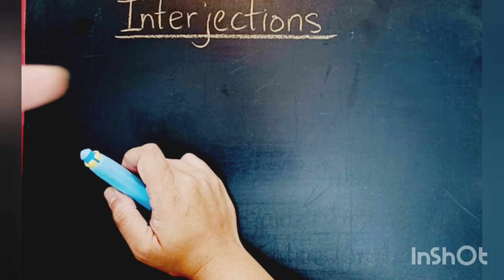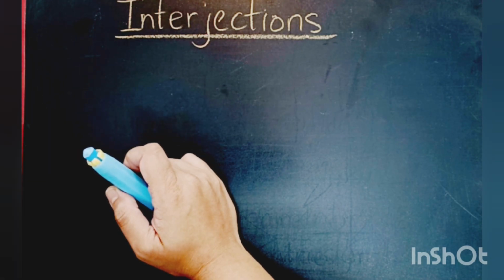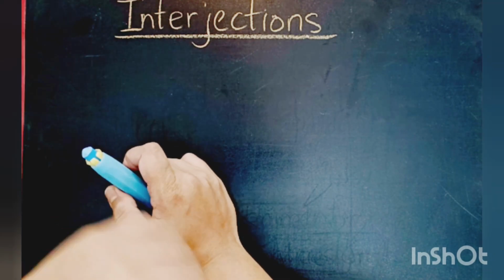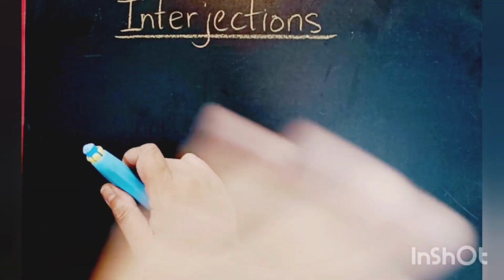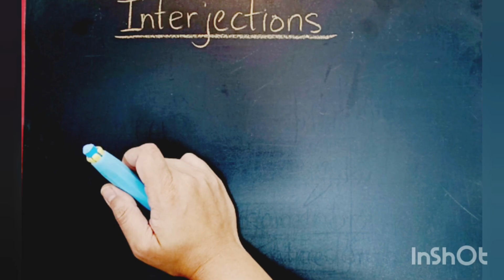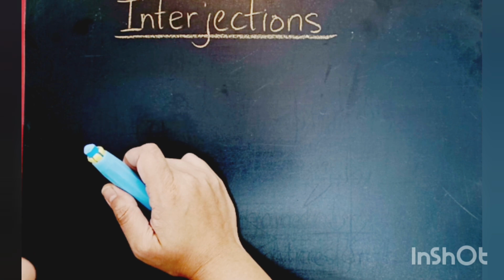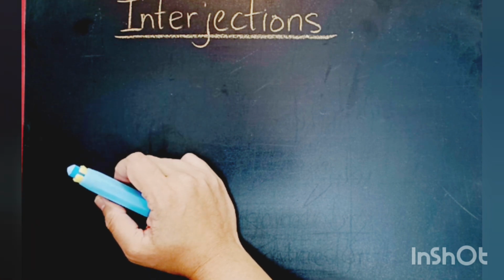These words are not grammatically connected to the rest of the sentence because they don't have any meaning. The sentence afterwards is actually meant to give it the meaning or the feeling.